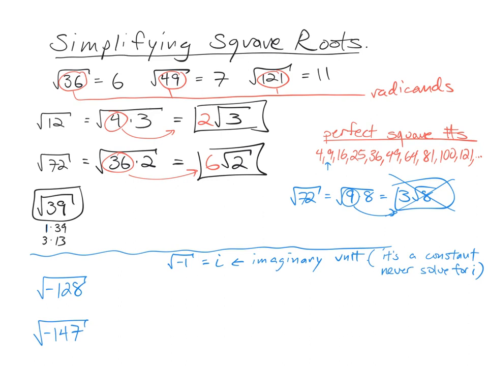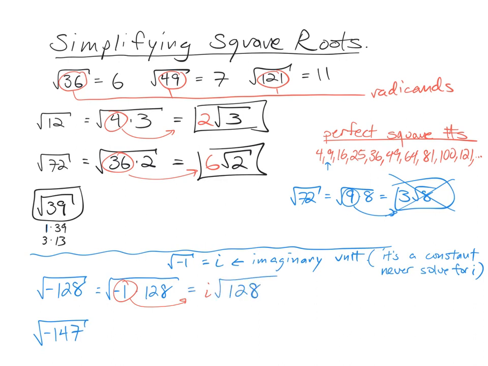All right, so how does this work? Very much like we broke these square roots down up here. We can say, hey, the square root of -128 is the same thing as the square root of -1 times 128. So you can see, and I'm going to do it this specific just once, the -1 will come out as an i. And we still have the square root of 128.